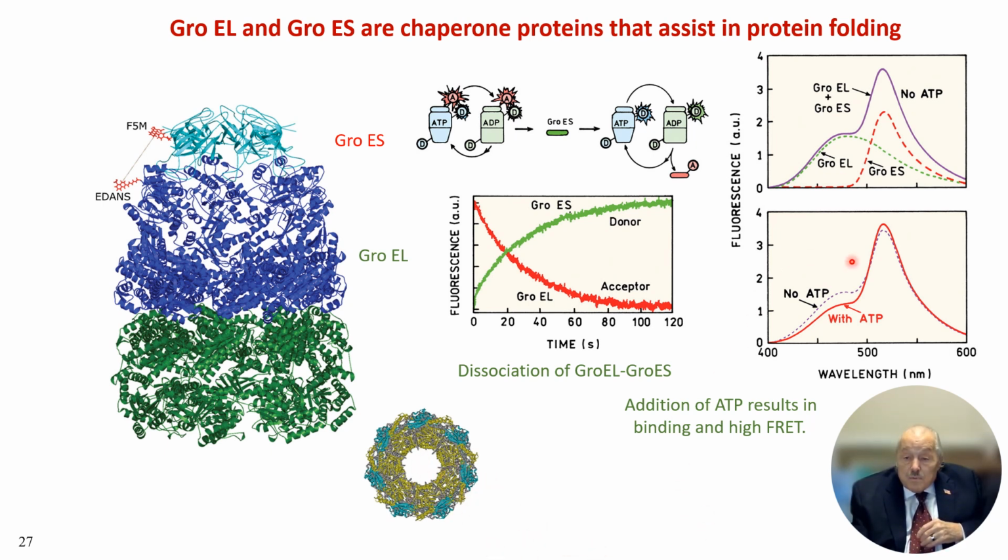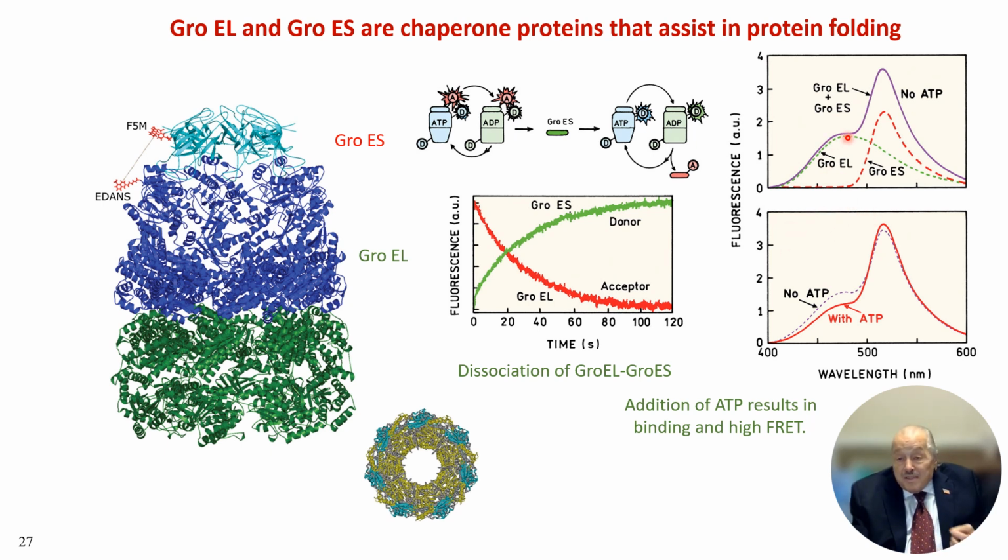So if you put these two proteins, we labeled one with fluorescein, another one with an aminoanthracene type fluorophore. If you put the two separate subunits in solution, you get two separate emission spectra, one from the top subunit, which is the longer one, I believe, and one from the bottom subunit.